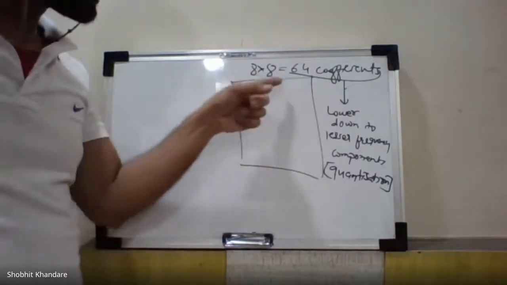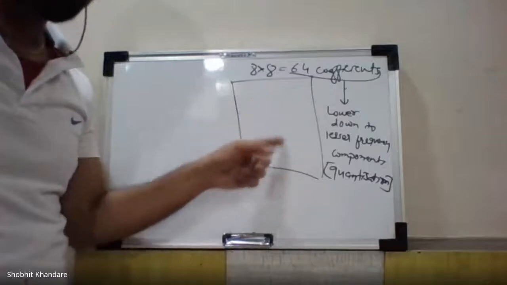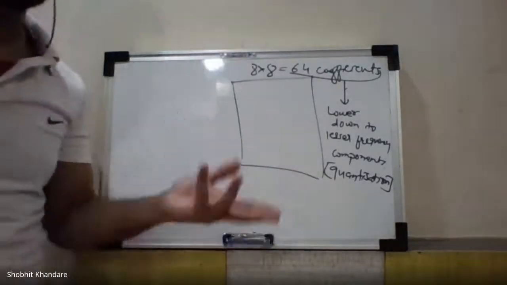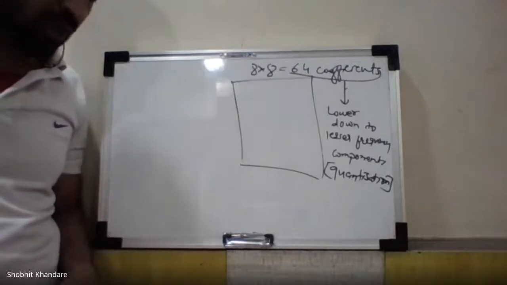So 8 by 8 is 64. The 64 coefficients are lowered down to the lower frequency components by using quantization.